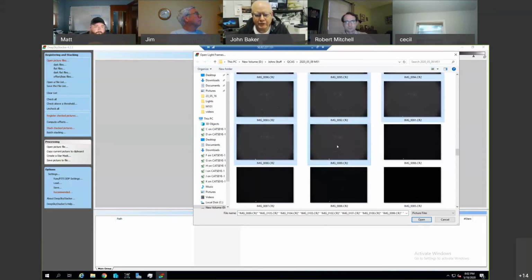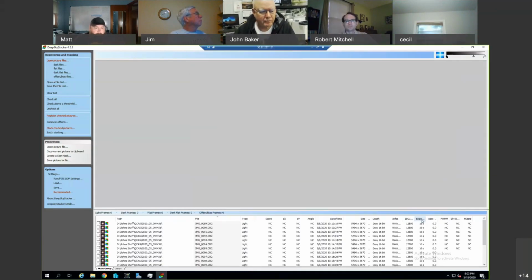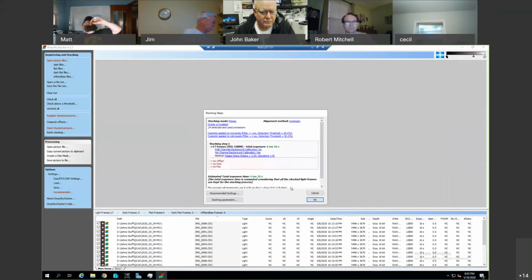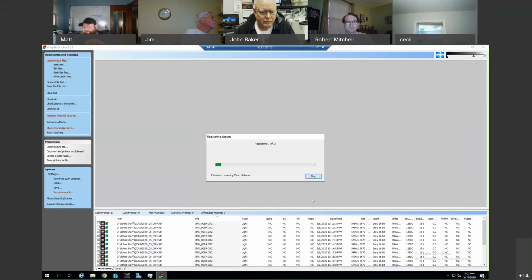I have a few of them here and they'll come up. Check all. Got 17 pictures in the list. You can see how fast it's flying through there. I think it's only getting 1 or 2 stars, so it might not stack.